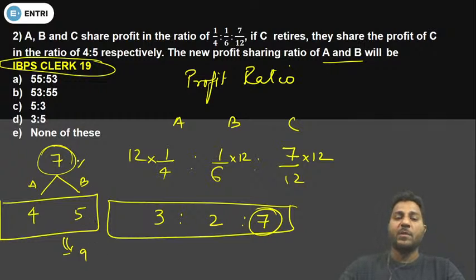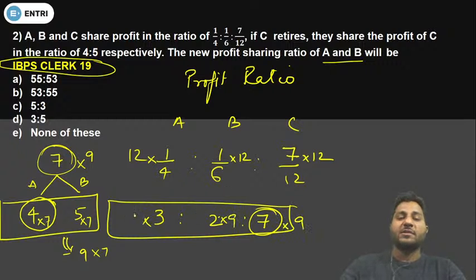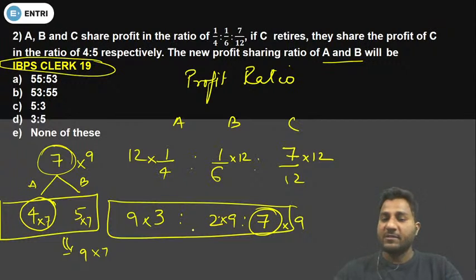That means we have to make them equal by multiplying with 9 in the above ratio and multiplying with 7 in the below ratio. That means we will be splitting the 63 profit with A 28. But remember that if you're multiplying here, you should multiply here to make it equal, because in ratios, if you want to compare, first you need to make the quantities similar.